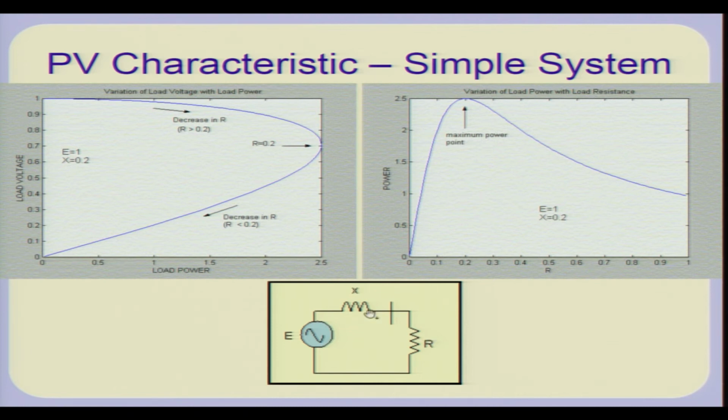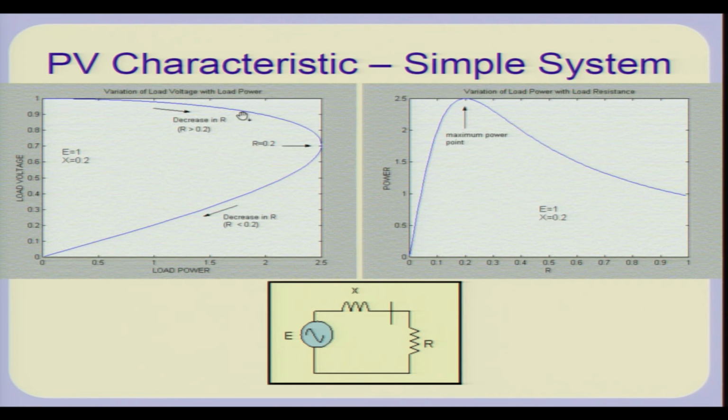Why does that happen? As you decrease the resistance, the voltage also drops at the load. V square by R increases as R reduces, but the voltage drops too. Initially the reduction in resistance dominates, so the power still increases, because although there is a voltage drop, it is not too much.